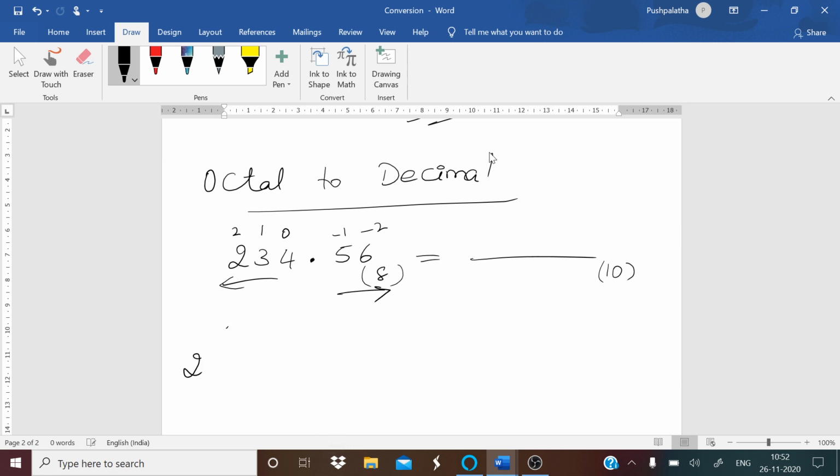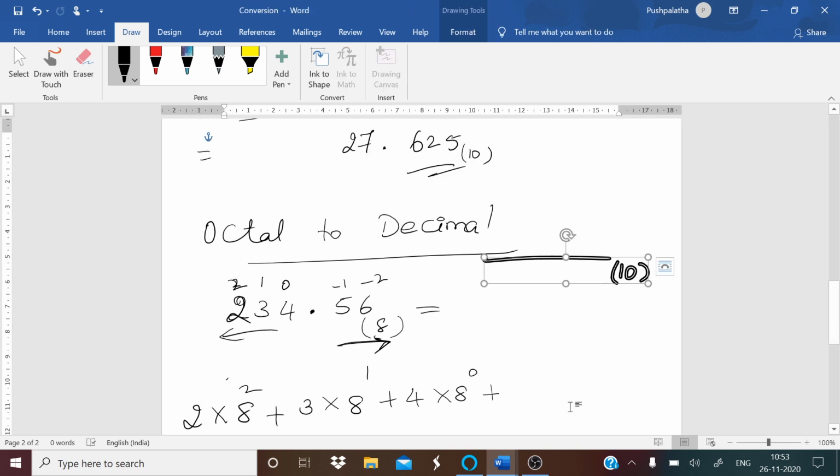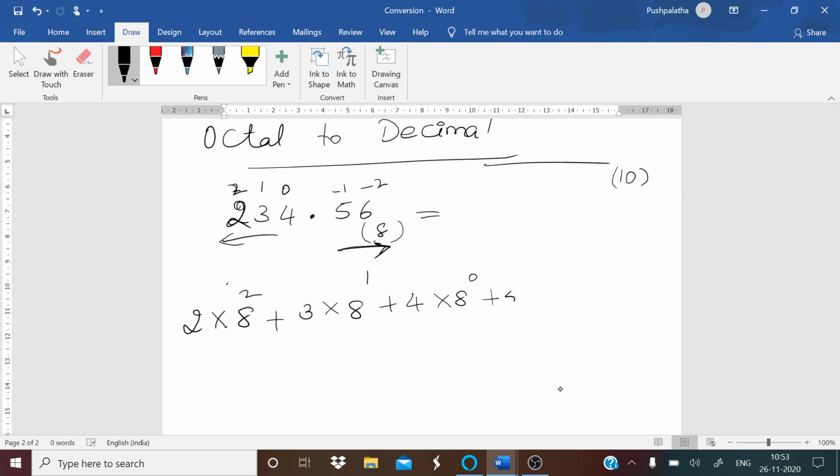This becomes 2 into 8 to the power of 2, plus 3 into 8 to the power of 1, plus 4 into 8 to the power of 0, plus, now you are going to take the digits to the right side of the decimal point, 5 into 8 to the power of minus 1, plus 6 into 8 to the power of minus 2.